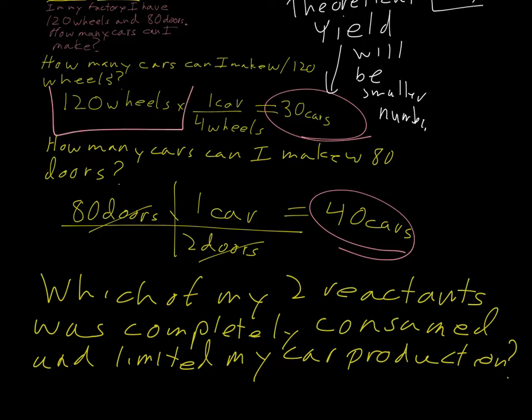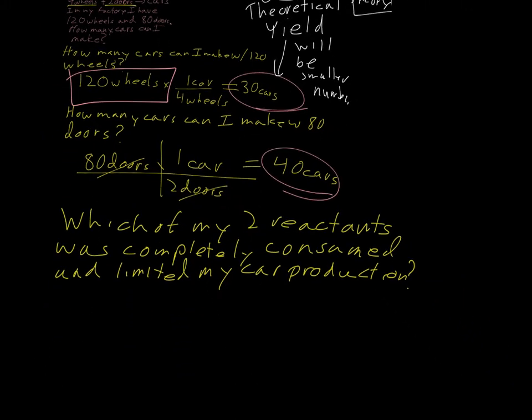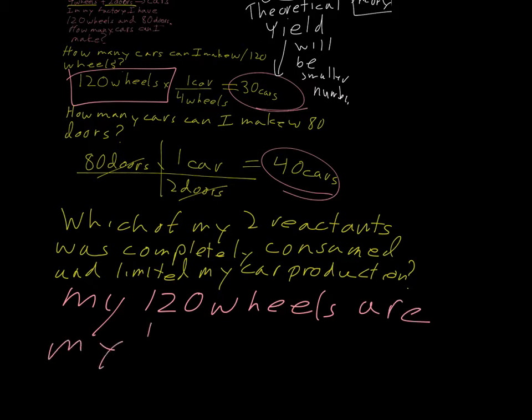It was my 120 wheels, right? My 120 wheels limited the amount of cars I could produce. It's what determined the number of cars I could produce. Therefore, my 120 wheels that limited my production are what are known as my limiting reagent.